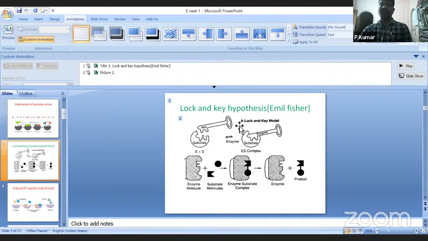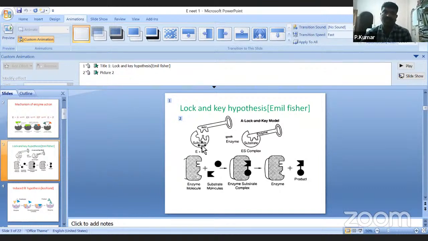Next, the lock and key hypothesis, very important. The scientist's name is Emil Fischer. Here, the enzyme is the key and the substrate is the lock. A specific key can react on a specific lock, and at that time the lock opens. For example, our house key cannot be fitted on another house's lock. So the specific key reacts on the specific lock and it opens.